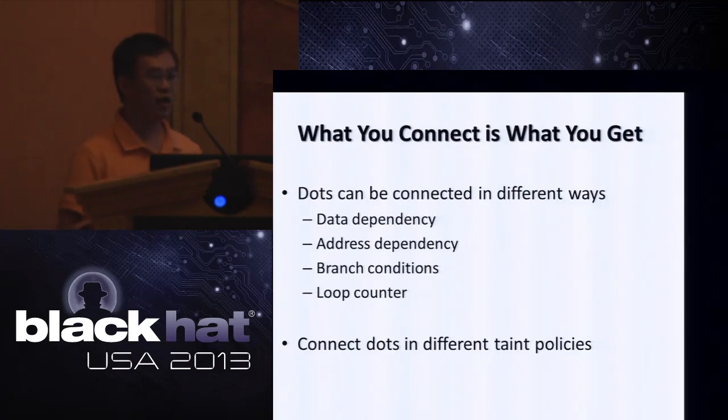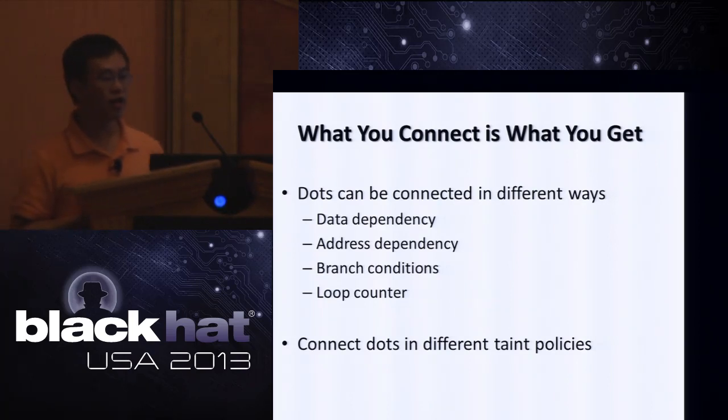It's not always that easy. As I mentioned, the data dependency, the values, is one way, but it's the basic, very common way tracked. But the source can also affect the sink in different ways, such as the source might affect the address of your sink, or it might affect your sink by affecting your branch conditions. Essentially, it's affecting what code is executed. That's a kind of control flow tracking.